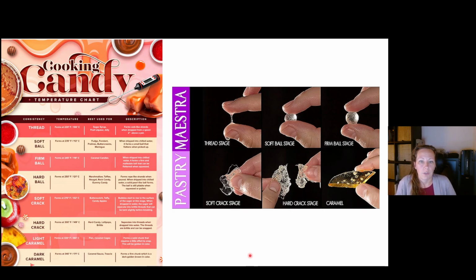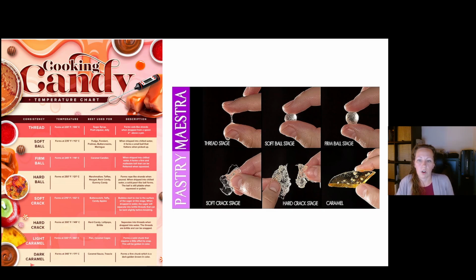Next is the soft crack stage. The soft crack will solidify when you drop it in the water into threads, and those threads are flexible, so you can bend them when you take it out, not brittle. It will bend at least slightly before breaking. If you really bent it, then it might break, but they are somewhat flexible.